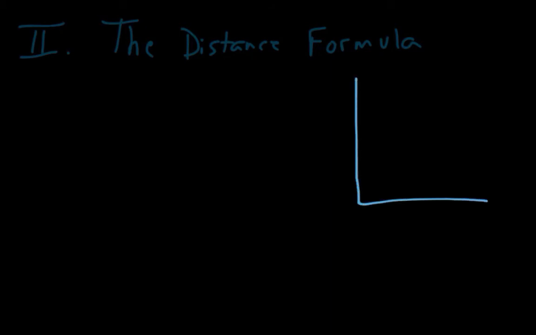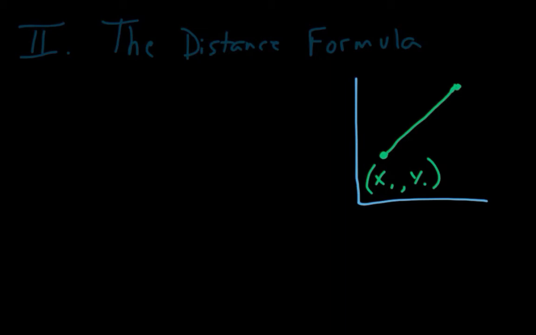But say, now instead of finding the midpoint, I have a line segment with a couple points there, and we're trying to figure out, well, what's going to be the distance of that? What's going to be the length of that thing there? If I take my point right here and call this point x1, y1.